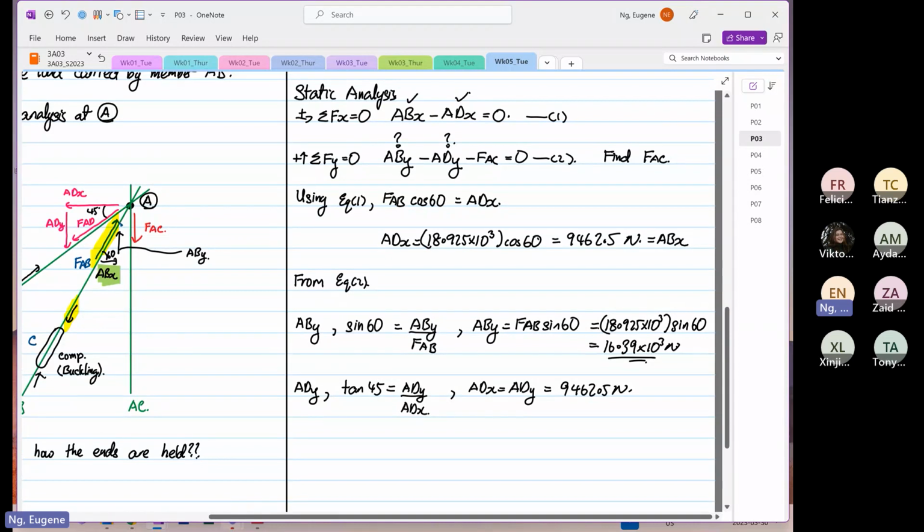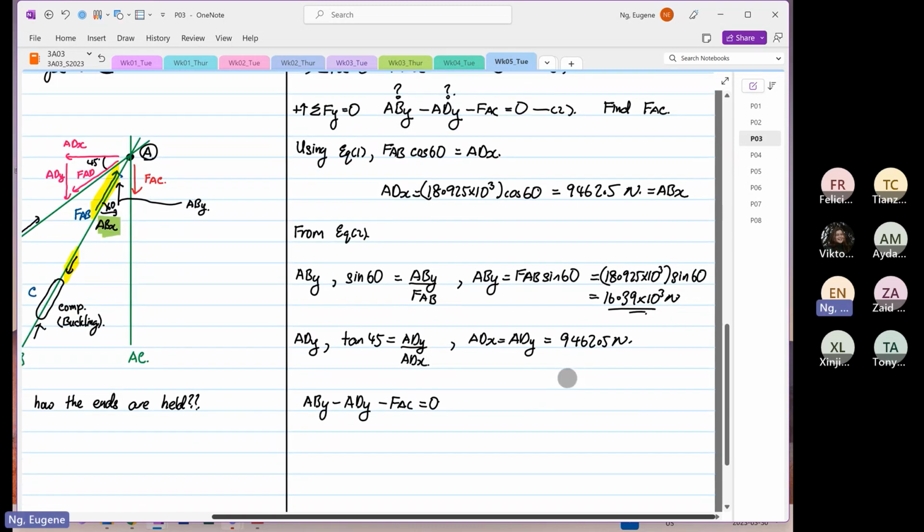So we have all the expressions already. We know our ABY, we know our ADY. So using equation number 2, let me not skip steps. ABY minus ADY minus FAC is equal to 0, right? So FAC is equal to ABY minus ADY.